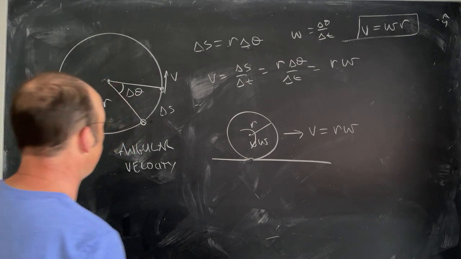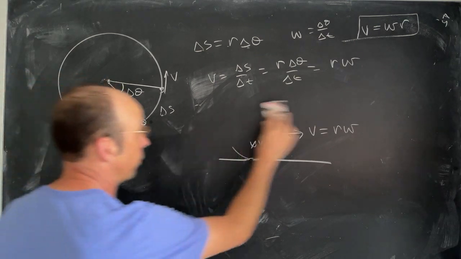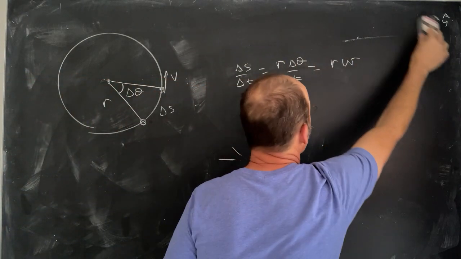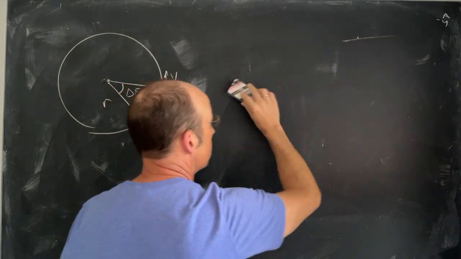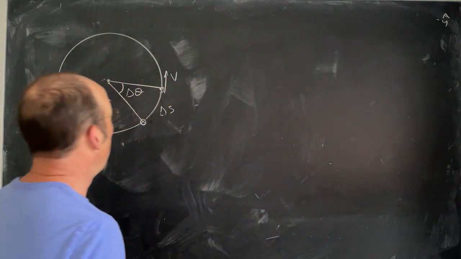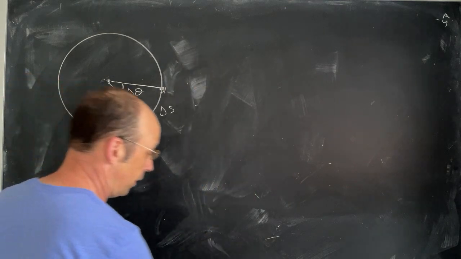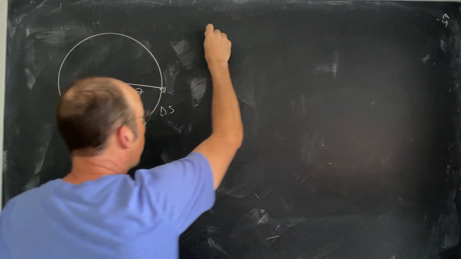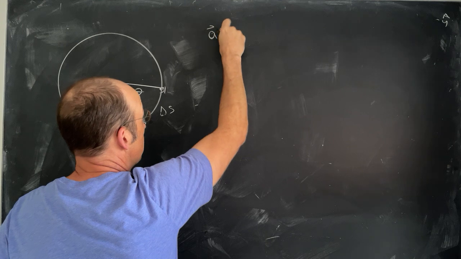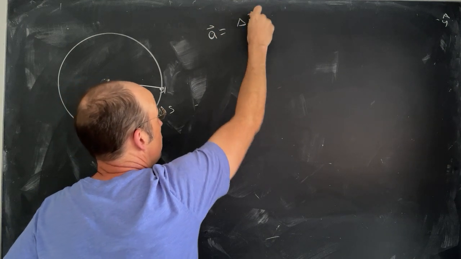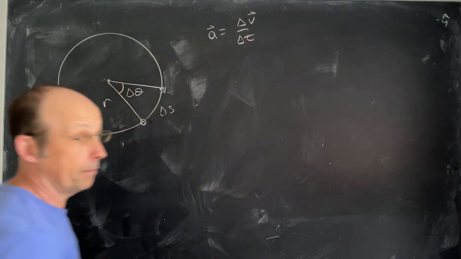Now let's look at something else very important. Here we have an object moving in a circle. Remember that acceleration is defined as the change in velocity with respect to time.